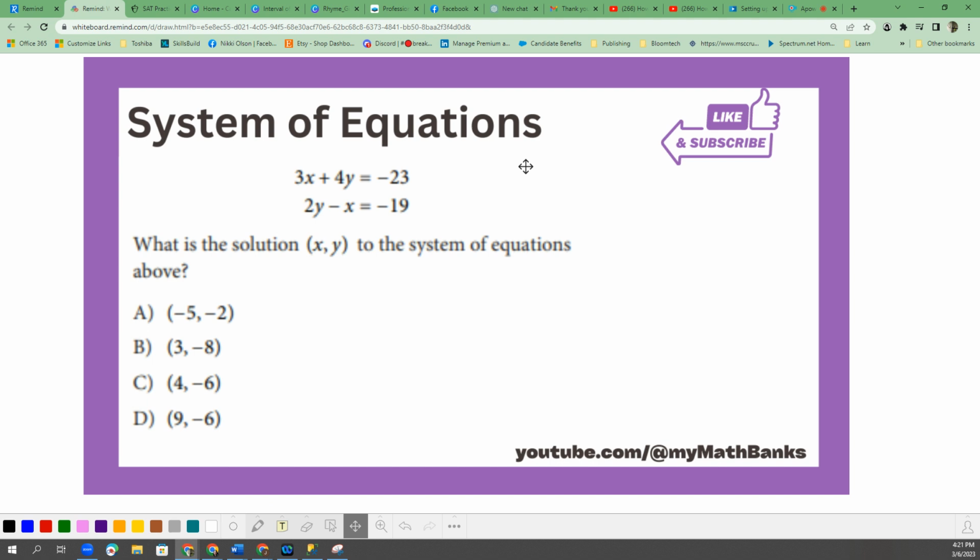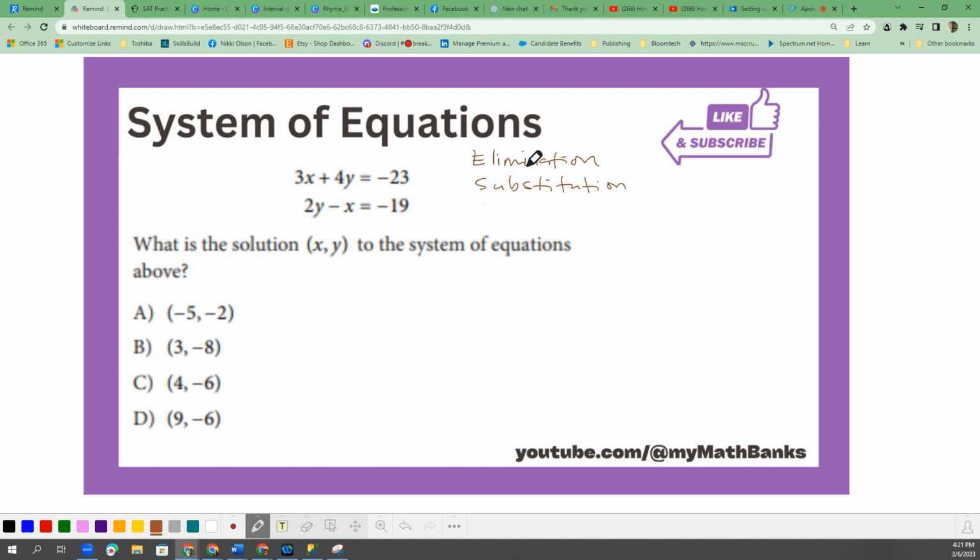All right, so it's a system of equations question. It says here you're given two equations, and the question is: what is the solution (x, y) to the system of equations? If you have a system of equations, you have many ways to solve it. You can use elimination, you can use substitution.